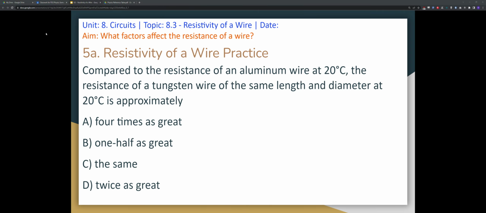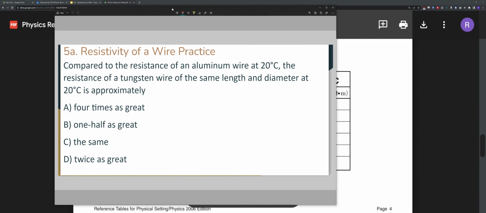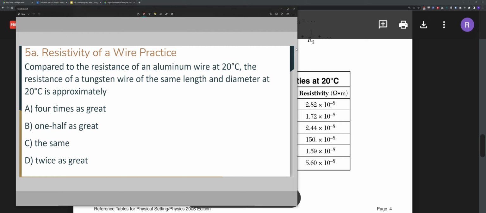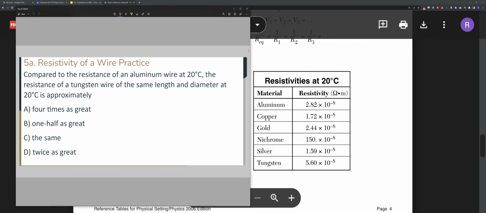If you take a look at your reference table, we see that rho of aluminum is 2.82 times 10 to the negative 8 ohm-meters, and tungsten is 5.6 times 10 to the negative 8 ohm-meters.